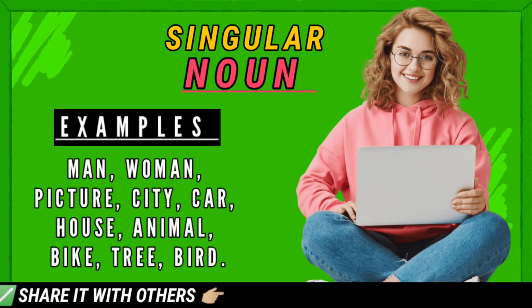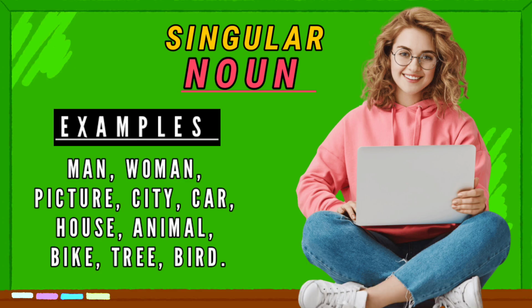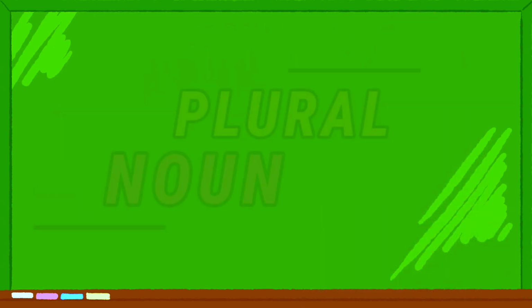Man, woman, picture, city, car, house, animal, bike, tree, etc. So if you see them more precisely, you can see that they are indicating a specific and single object instead of making multiple objects here. Like man, it's indicating to a specific and single man, not any several men here. So they are singular noun.